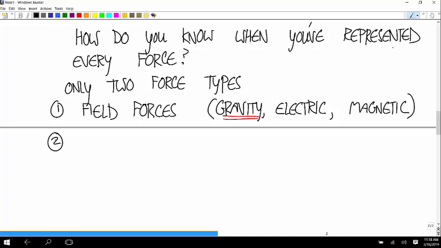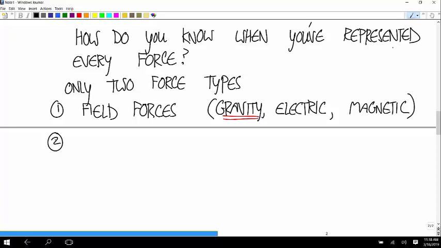So for a weight force, if you take an object with a known mass and put it here, you can calculate what the force is, and it doesn't matter how you got to that position. And so you can think of gravity as a force field. It's the same with electric fields, magnetic fields. It doesn't matter how you get a charged particle to this spot in the electric field. If you're at this spot, you can calculate the force. Okay.